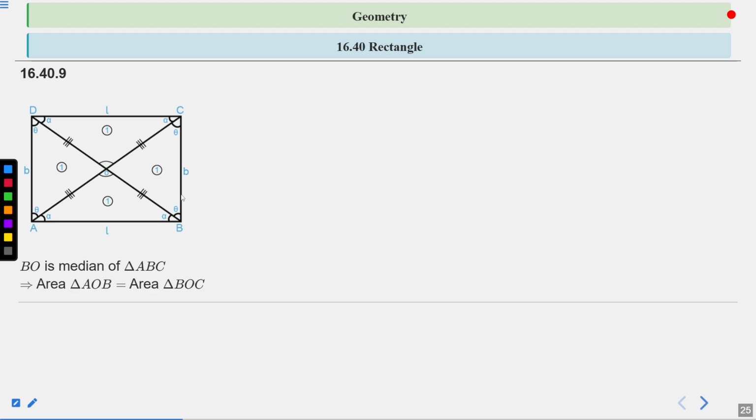So the area of triangle AOB equals the area of triangle BOC, because a median bisects the triangle into two equal areas. Next one.